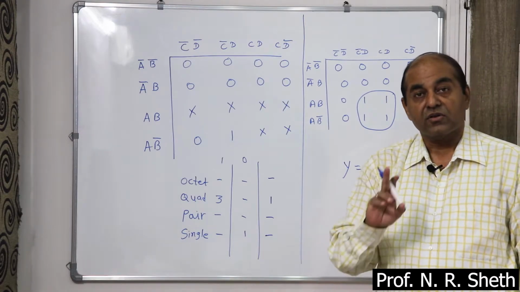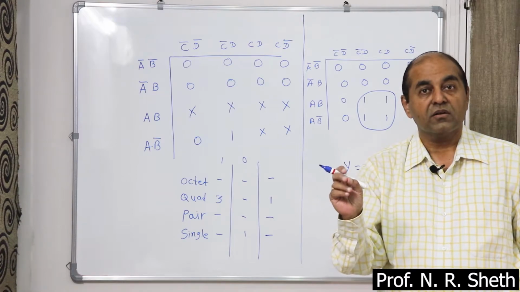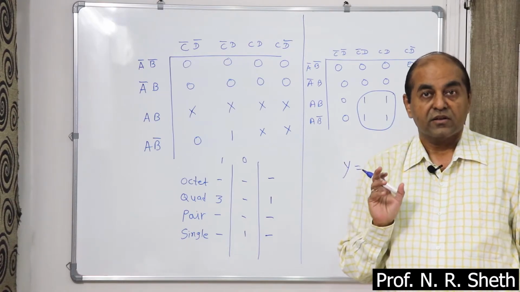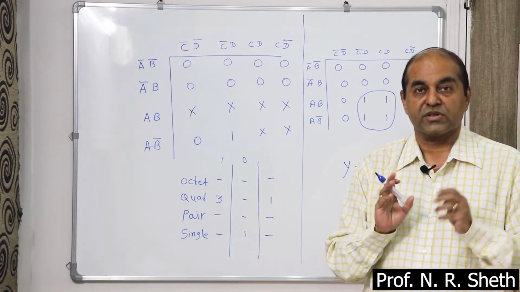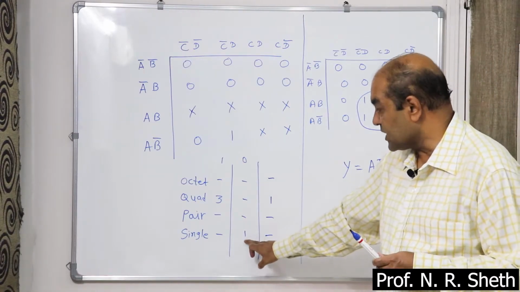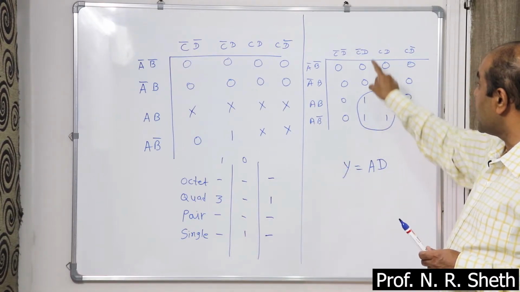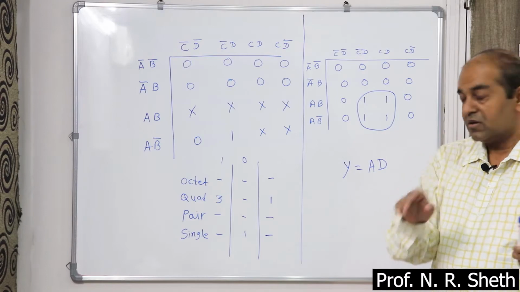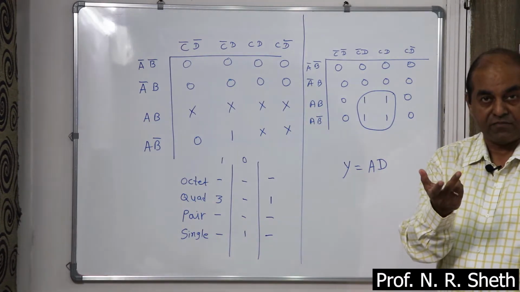Okay, so you have to choose 0 or 1 in such a way that your Boolean equation is the simplest one. See, here we have a single variable, but then Y equals to A B bar C bar D. So if you compare with this one, here only AD.